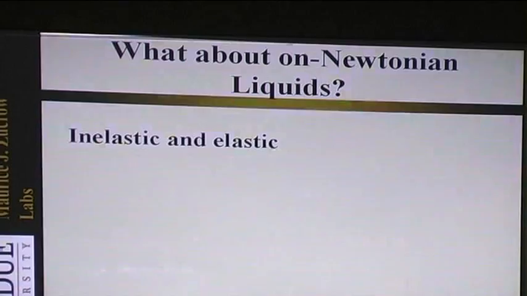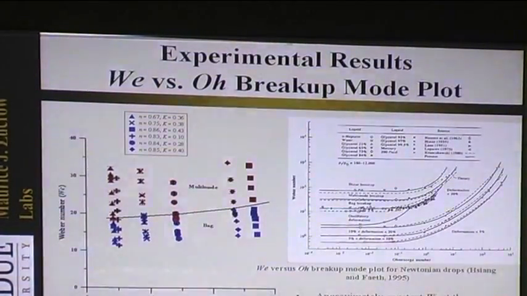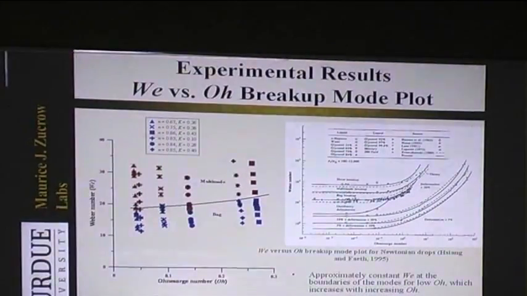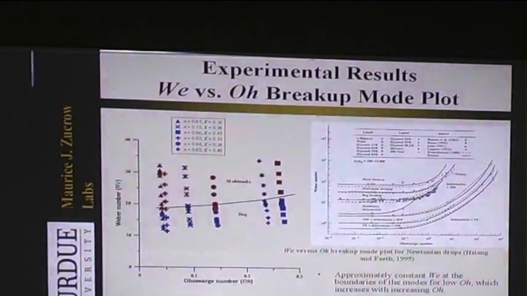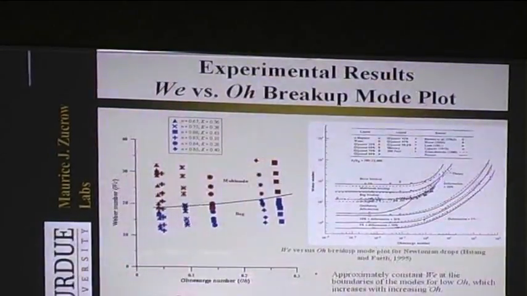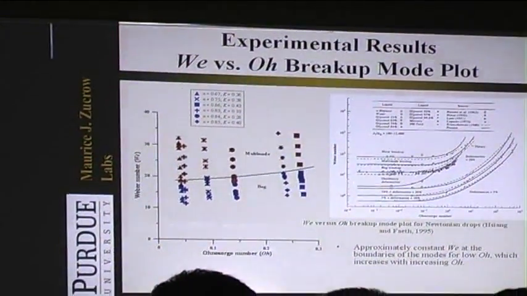There are two major topics here, the inelastic non-Newtonian liquids and then the elastic ones. And the next few slides will talk a little bit about some recent results on the inelastic non-Newtonian drop secondary breakup. So on to slide 33.